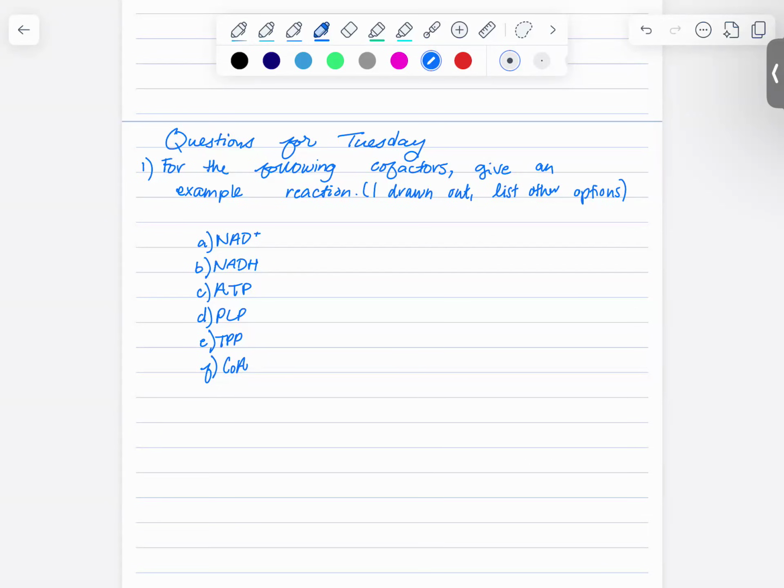It's probably better to be able to recognize the reaction with a cofactor, because there's only one answer for that. Whereas if it's list out an example with this cofactor, there's a lot of answers for that.